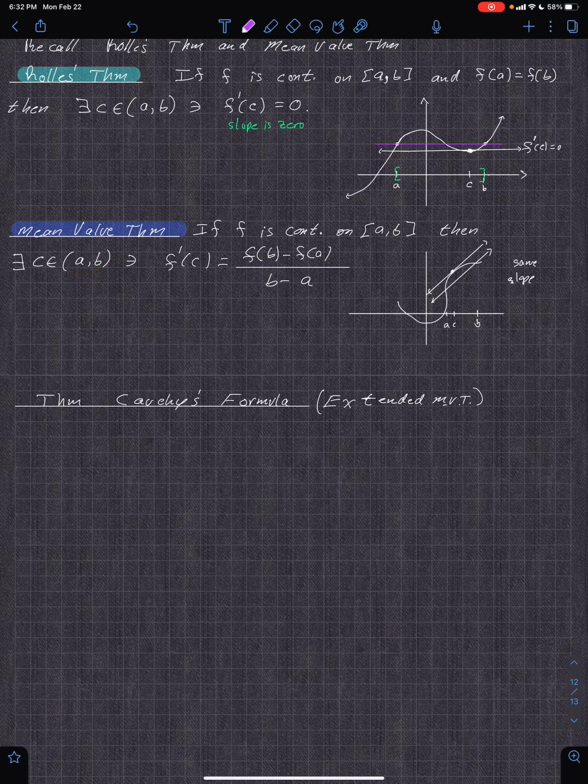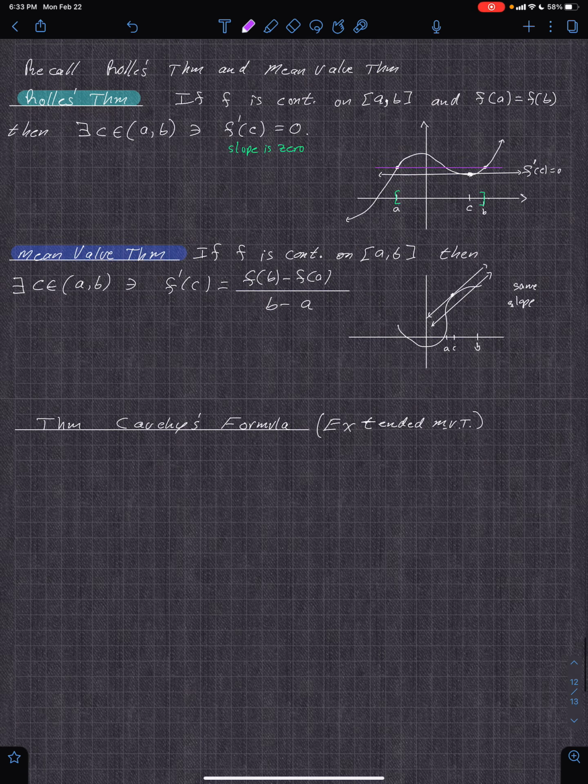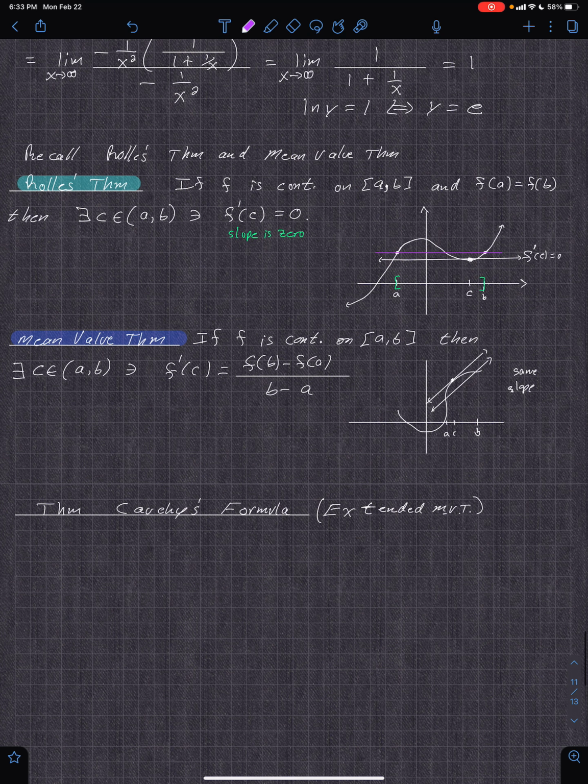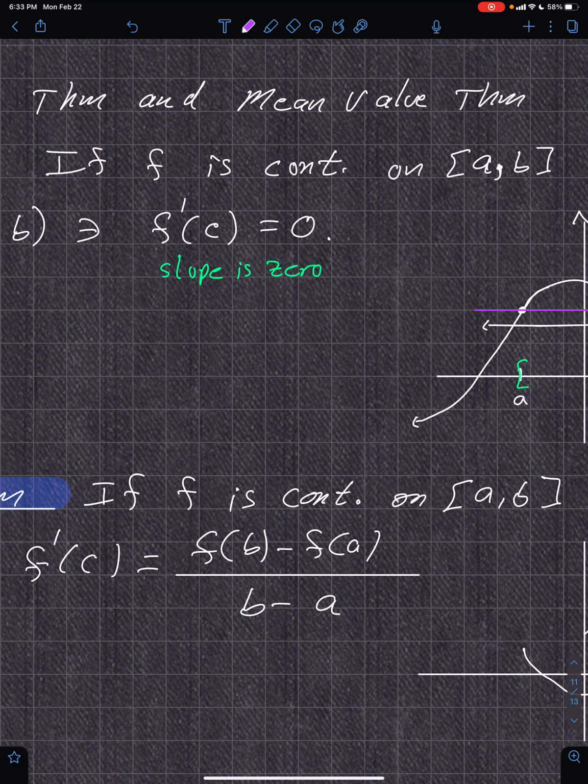F is continuous and differentiable. So f is continuous on the closed and it's always differentiable on the open. So continuous on the closed interval, and then we always say, or it includes, f is differentiable on the open interval from a to b.